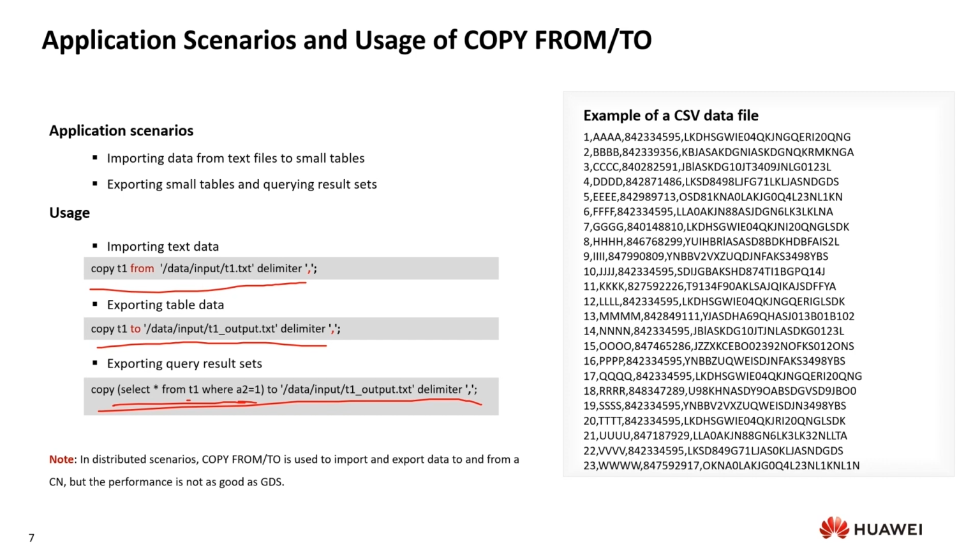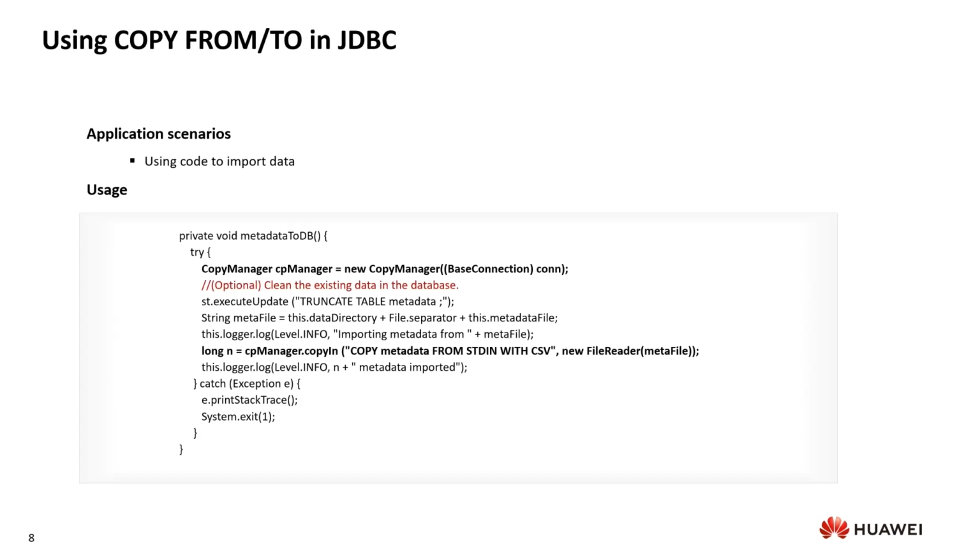In distributed scenarios, COPY FROM and COPY TO are used to import and export data to and from the coordinator, but the performance is not as good as the Gauss Data Service, which we will discuss in detail later in the part on Gauss Data Service.